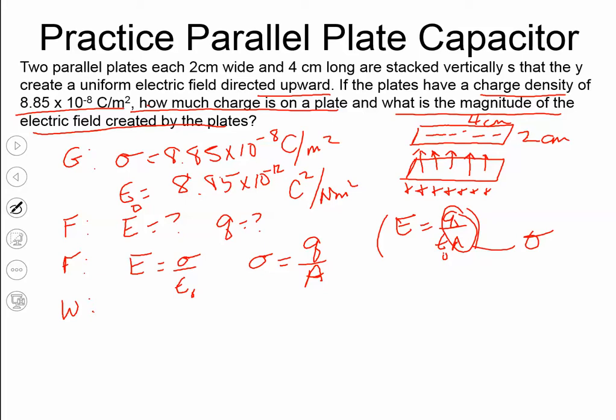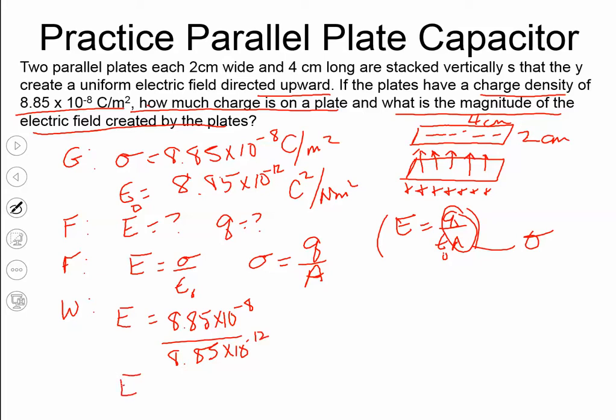All right, so our work here looks like this. The first part is pretty easy. Let's just go ahead and do E. So E equals sigma, which is 8.85 times 10 to the negative 8 all over epsilon naught, 8.85 times 10 to the negative 12.